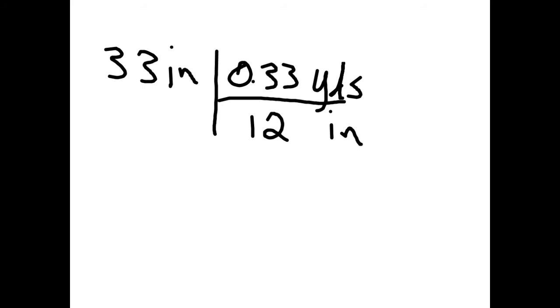That goes on top. This is my conversion. That's how I would set it up. Now all I have to do is take 33 times what's on top, which is 0.33, divided by 12, which is on the bottom. And it's going to tell me how many yards there are in 33 inches. It should be a small number. Okay? What is it?